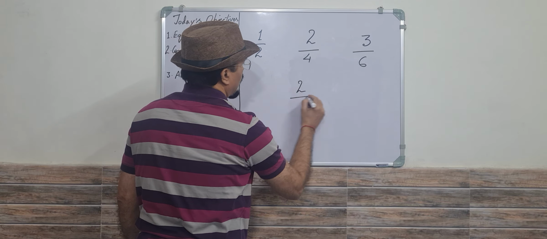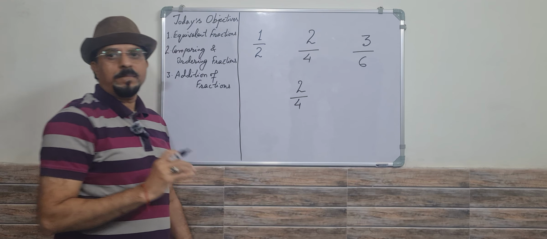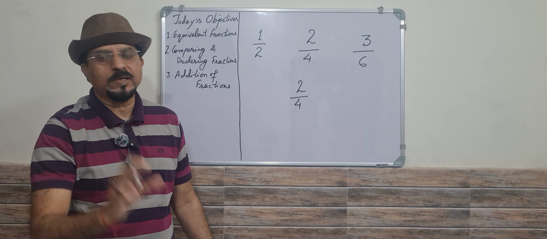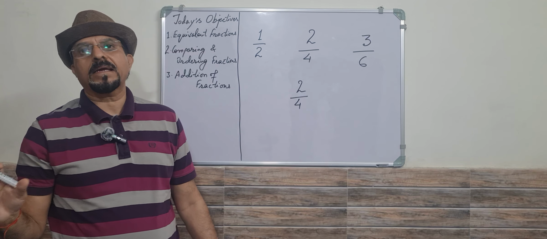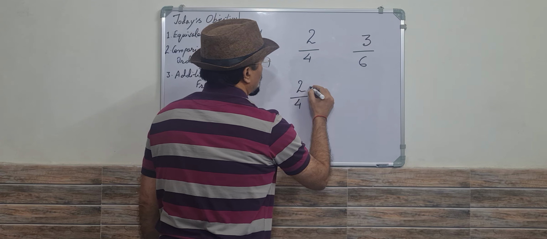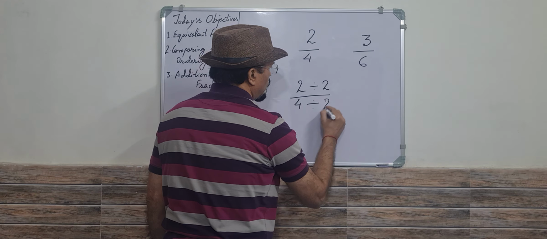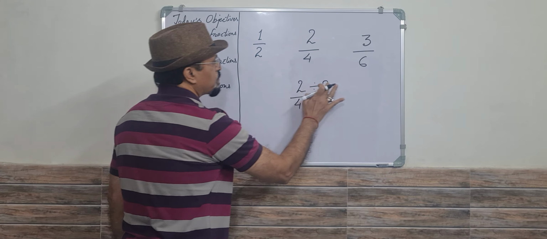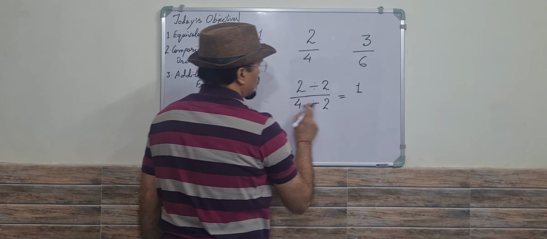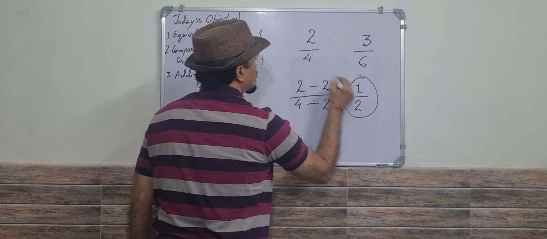This is the numerator, this is the denominator. If in any fraction I divide the numerator and denominator by the same value, it does not make any change to the fraction. So suppose I divide both by 2. 2 divided by 2 is 1, 4 divided by 2 is 2. So what did I get? 1 by 2, the same.